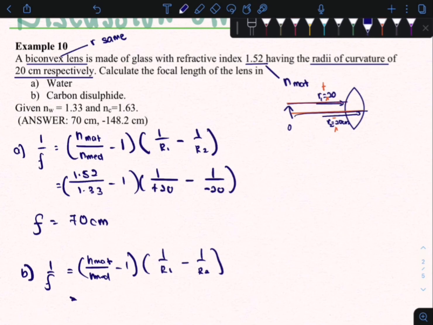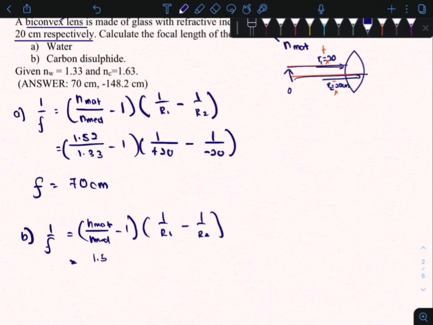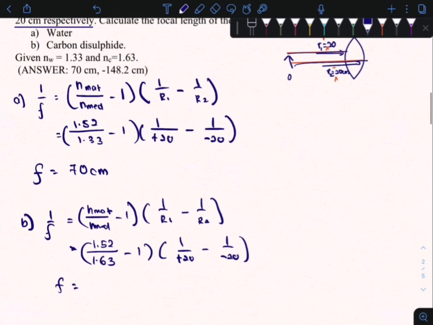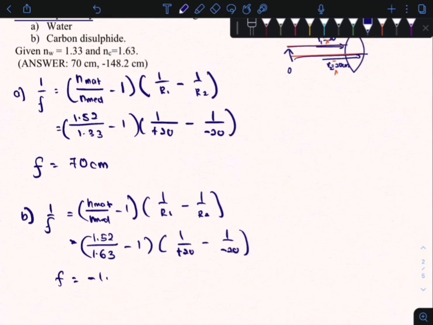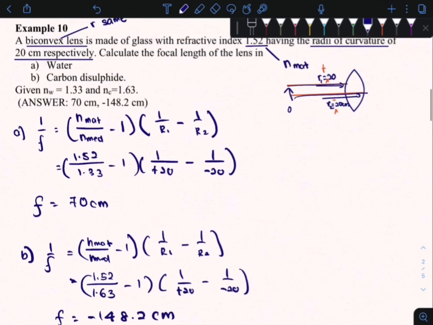Your material is still 1.52. Your medium changes to 1.63 minus 1. So you'll get 1 over positive 20 minus 1 over negative 20 centimeter. So you'll end up with your focal length as negative 148.2 centimeter.